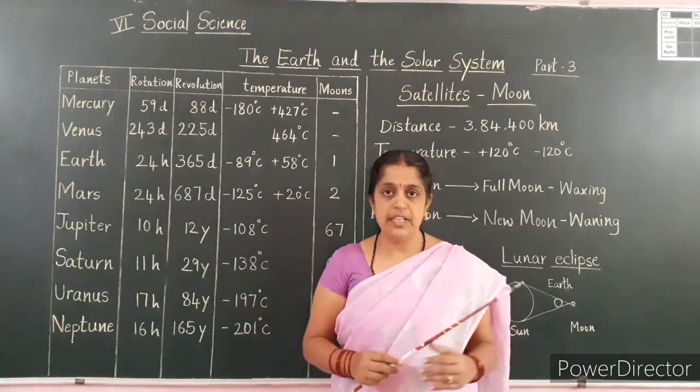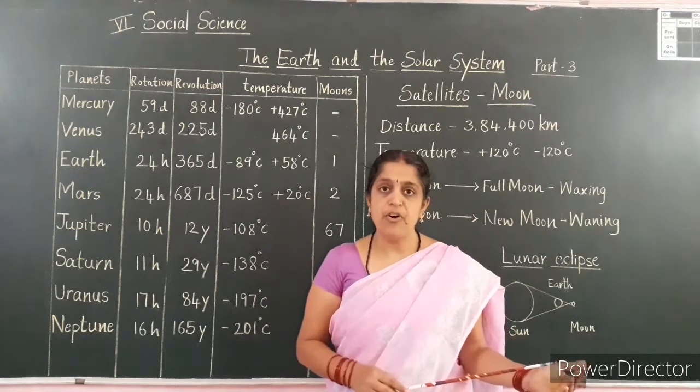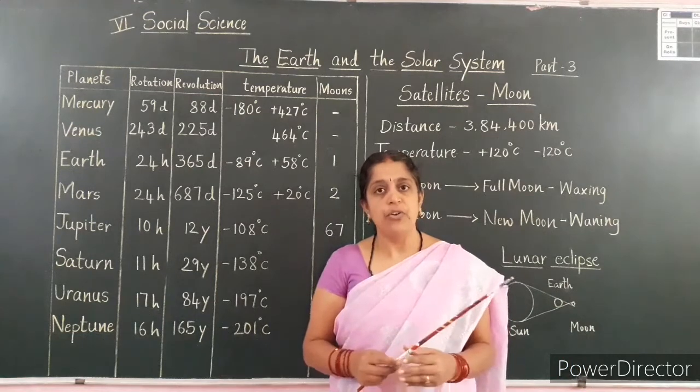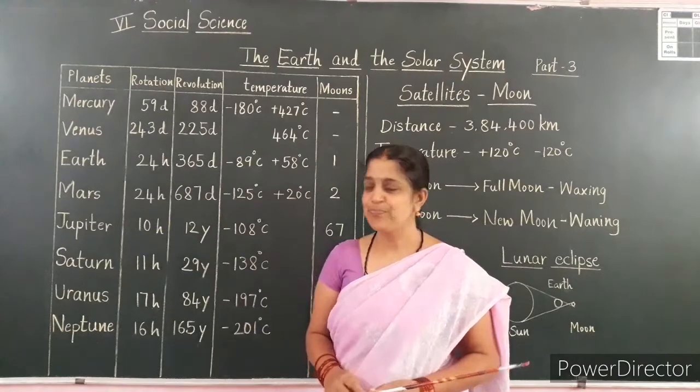A higher percentage of carbon dioxide, extreme temperature and absence of water would not support life on Venus. Next is about Earth.